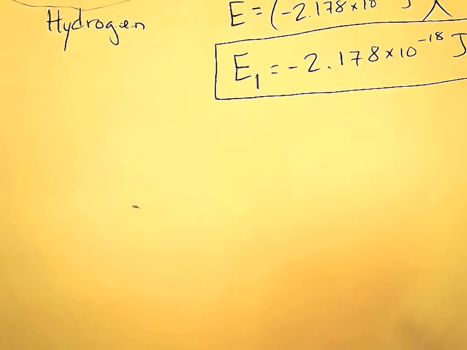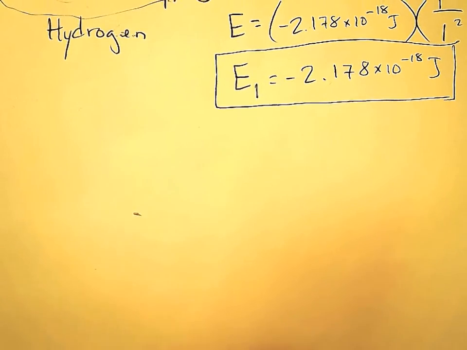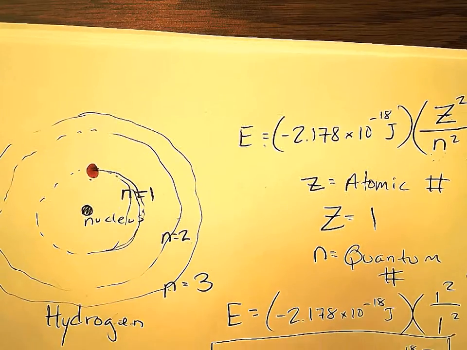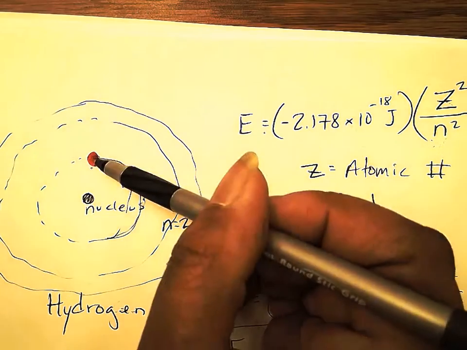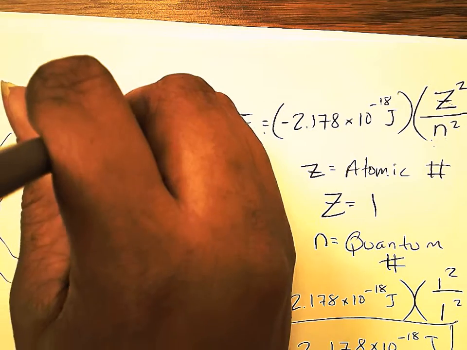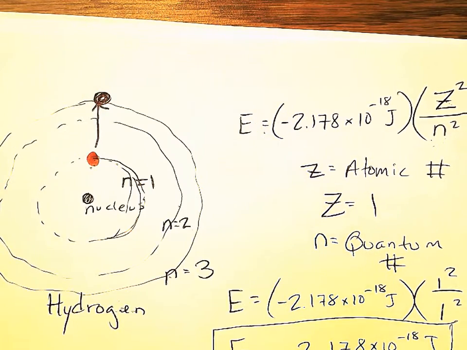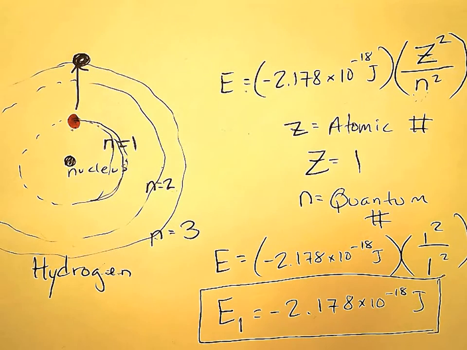Now, what if we want to talk about transitioning? For instance, what if we say, I want to move on up from N equals 1 to N equals 3. We would use the delta E equation to talk about the difference, but let's just talk about this qualitatively, meaning let's not talk about calculations.